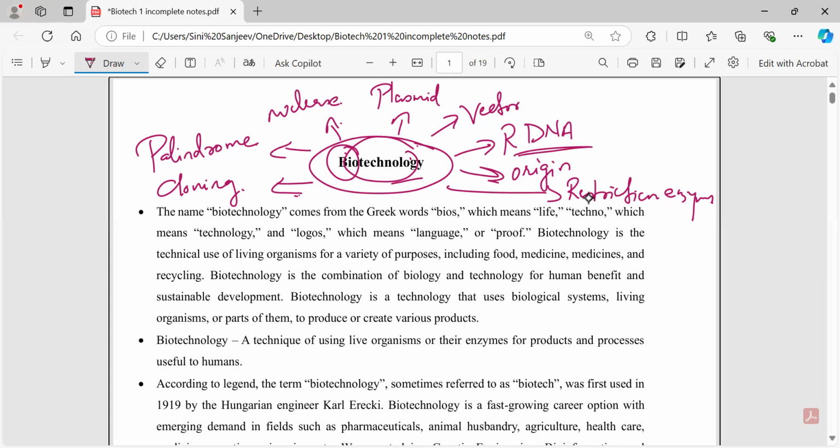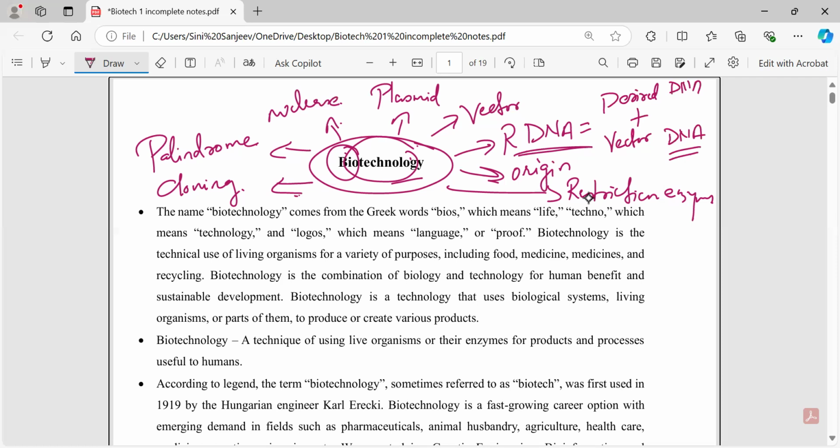Recombinant DNA means you're going to use two things. One is your desired DNA in which you want to make the modification, plus a vector DNA. Vector means basically a vehicle which is going to take your DNA, fuse with the desired DNA, and change the characteristic.